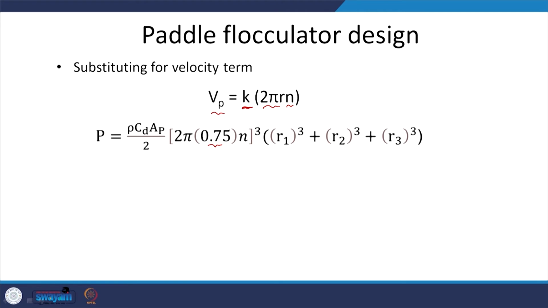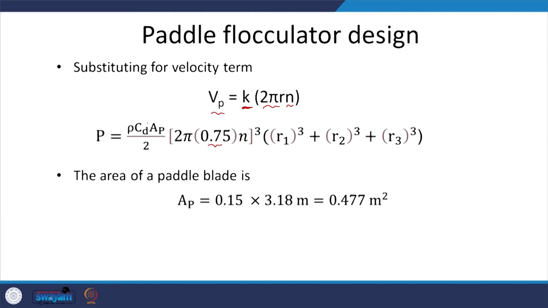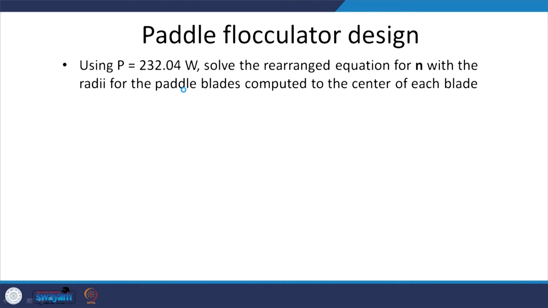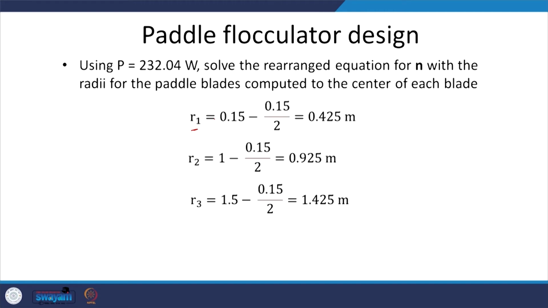In general, again, we are taking 0.75, and we are taking out to be common. Okay. So area of the paddle, I guess everything else is known except this. Okay, we already have the area of the paddle. Yes, and using power, we already have the power, and radius we can calculate R1, R2, and R3.